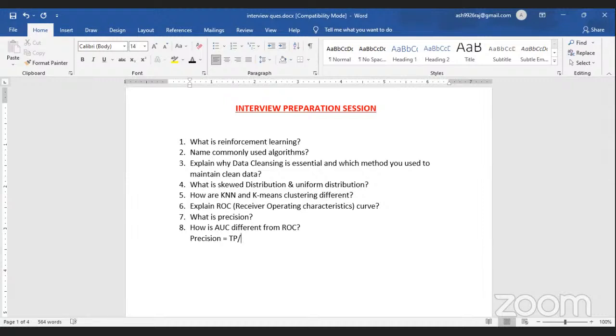The AUC curve is a measurement of precision against the recall.